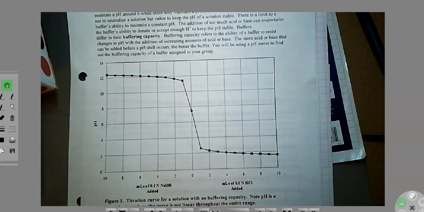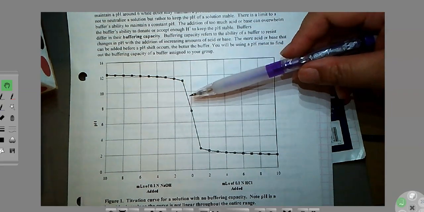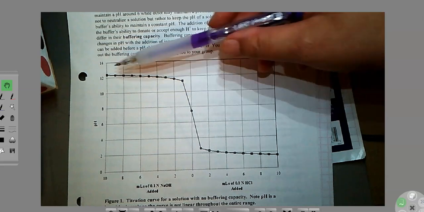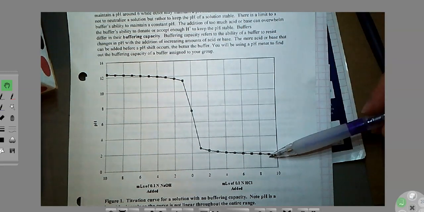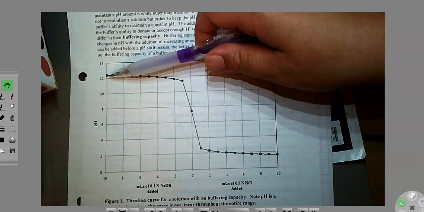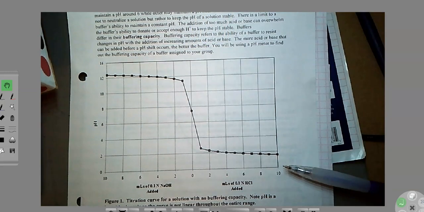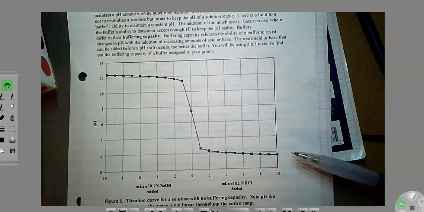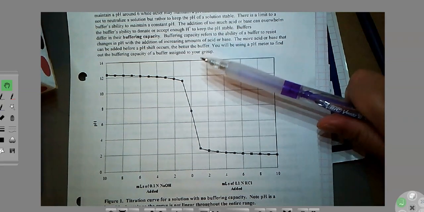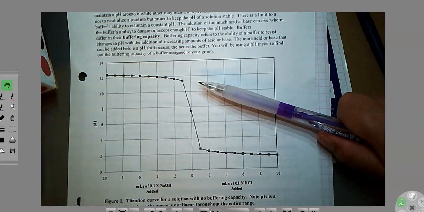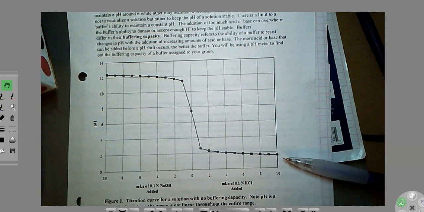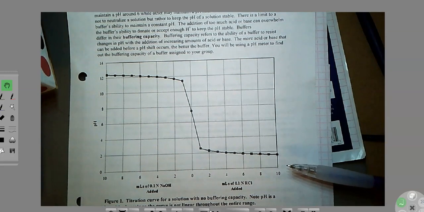What you see here is two plateaus, two flat parts of this curve, up here at a pH of 12 and down here at a pH of 2. So two big pieces of information are that the pH of NaOH is 12 and the pH of HCl is around 2. So you cannot go over 12 if your maximum is 12, and you can't go under 2 if the minimum is 2.